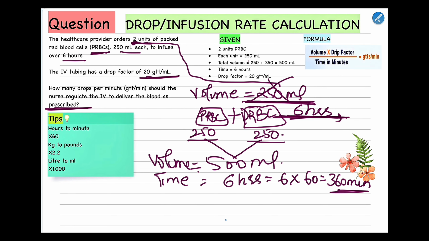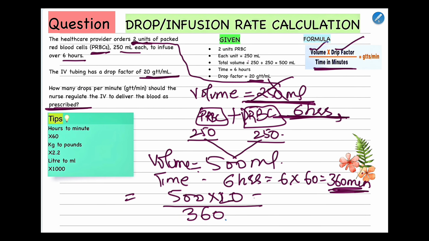So what does the formula say? It is the volume in ml, into drop factor, divided by time in minutes. Let's plug it into the formula. Volume is 500 ml, into drop factor 20 gutte per ml, divided by time, which is 360 minutes.